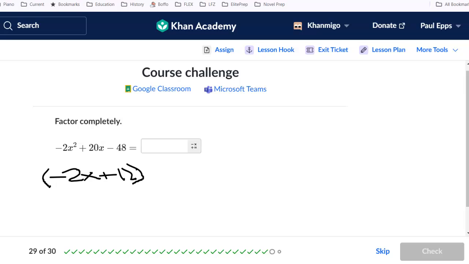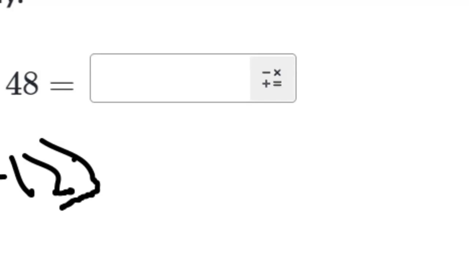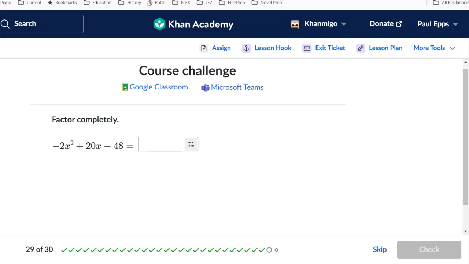And then over here we can have, all right, I've got to admit I'm not sure what factor completely means here, whether that means take the 2 out first, but I mean we can factor it. So 48, if we did 12 times 4 to get 48, and then we could use 4 times 2 and get 8. 12 and 8 is 20. So yeah, we could make that work.